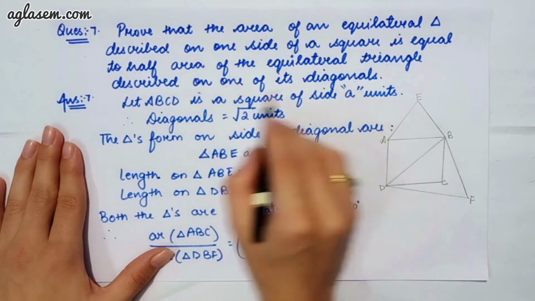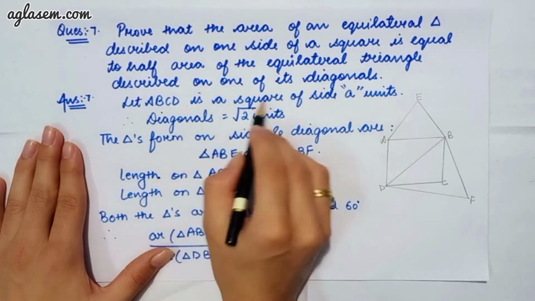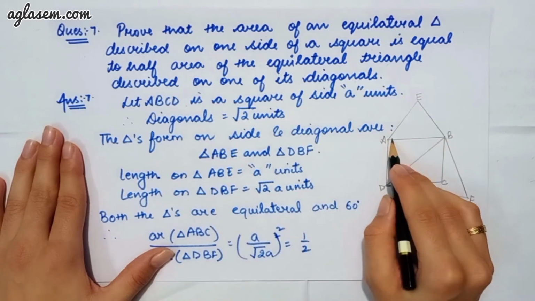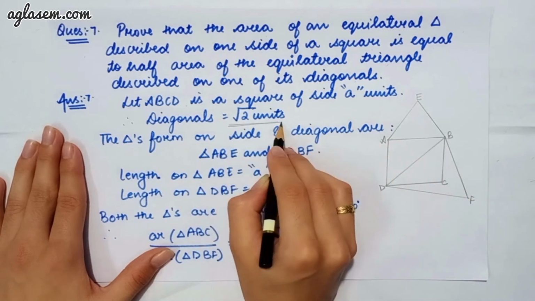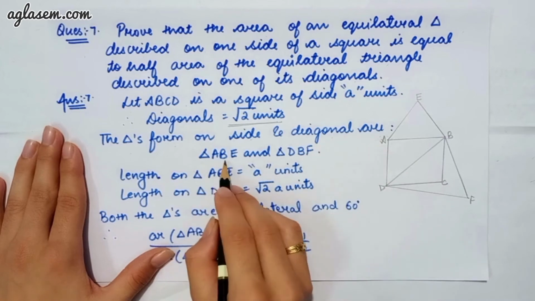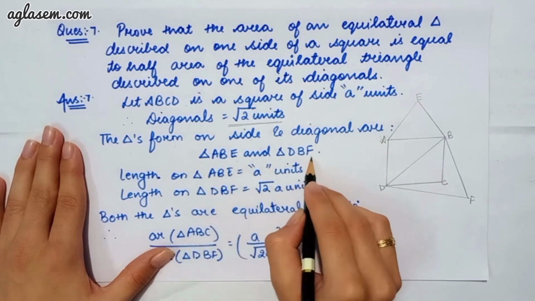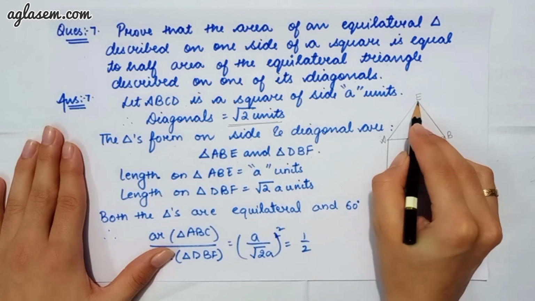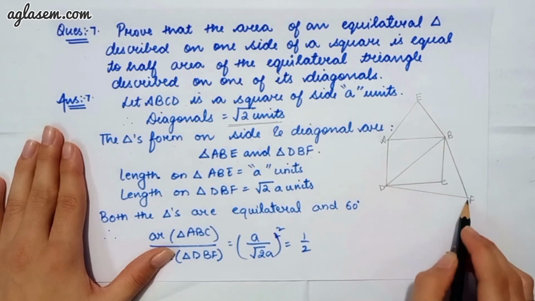So here we have to let ABCD be a square of sides A units, and diagonal, that is root 2 A units. So triangles formed on the side and diagonal are triangle ABE and triangle DBF.